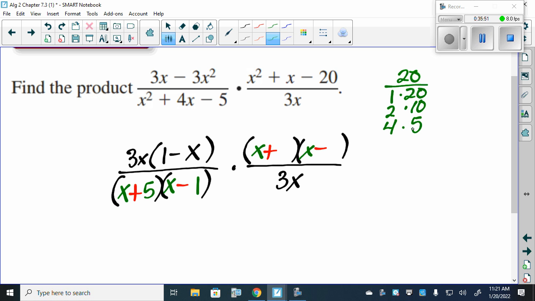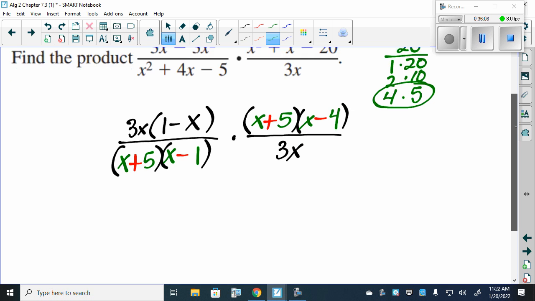Which one would be helpful to use? 4 and 5. And we would need the 5 to be positive. And if we did check this, this would give us a positive x for our middle term. Any questions on this here before we multiply them together?